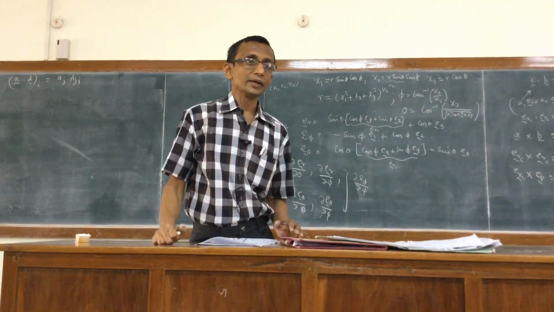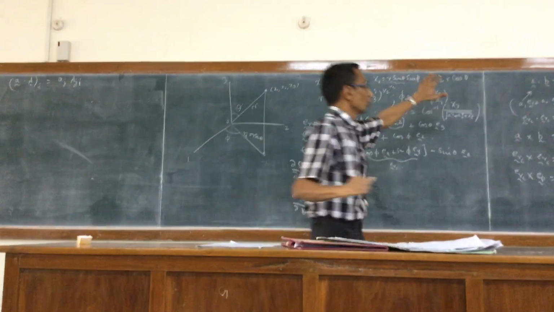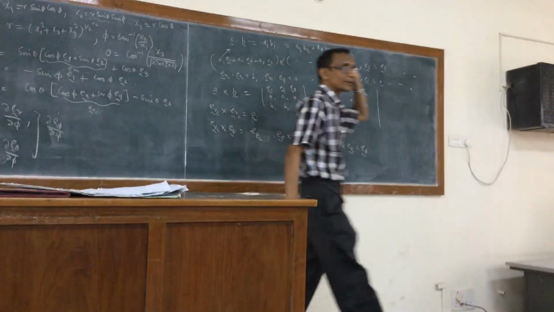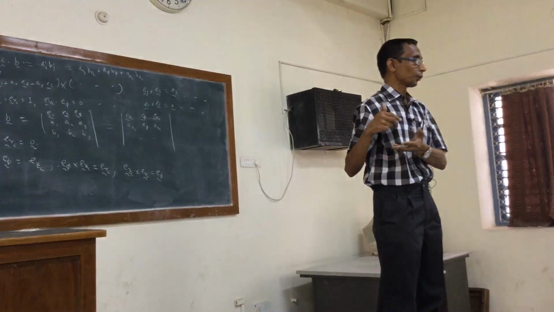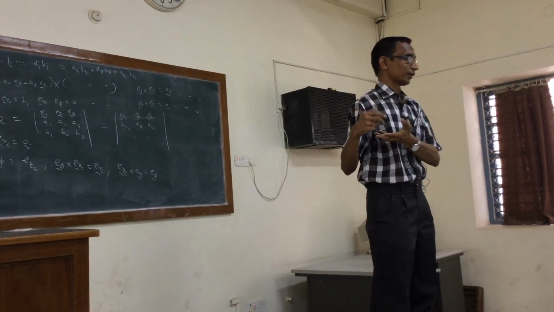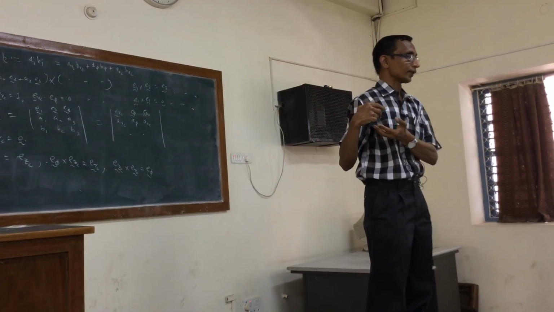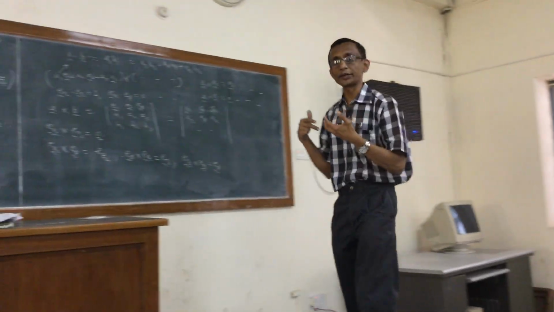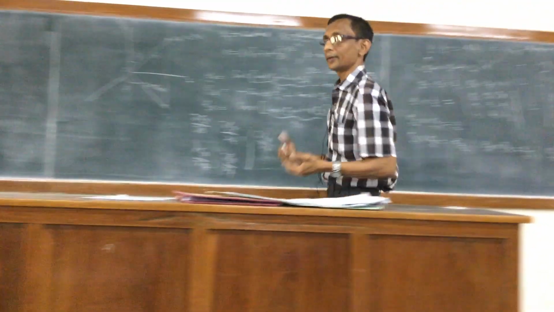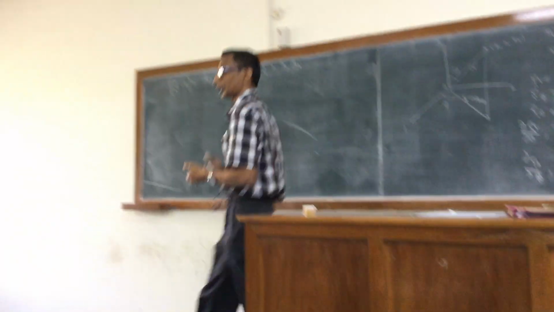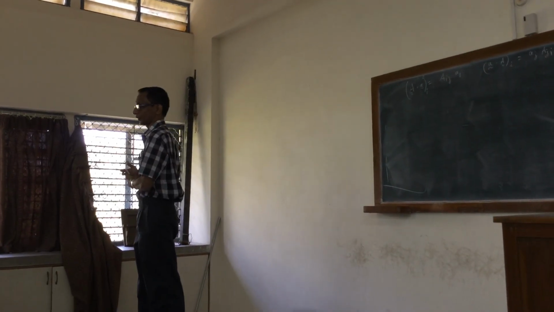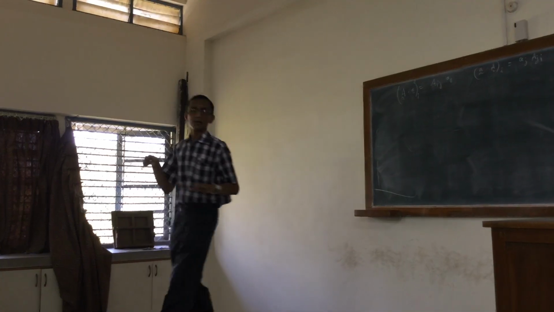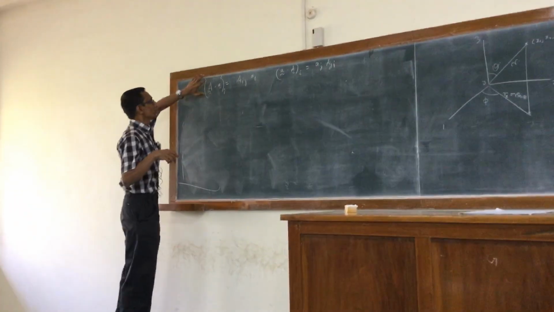Now strictly, if I want to follow the same route of expressing the vectors in terms of the unit vectors and then defining the operations involving the unit vectors, I should have done this by introducing what is called a unit tensor and then defining operations involving the dot product of the unit tensor with the unit vector. I didn't do that, and there was a reason why I didn't do it that way.